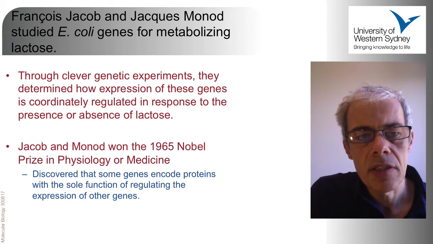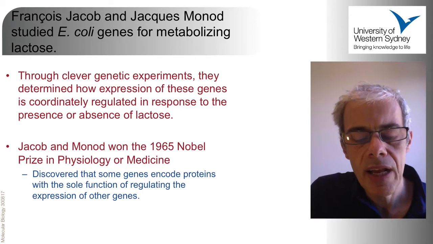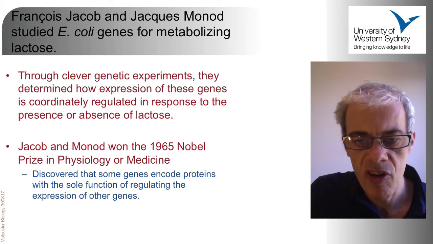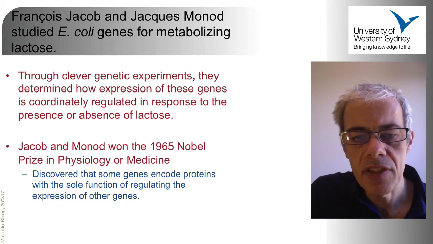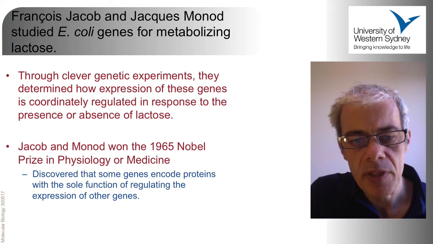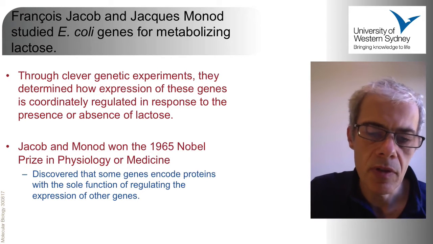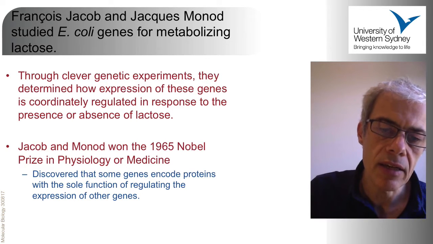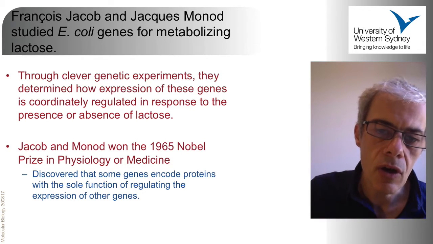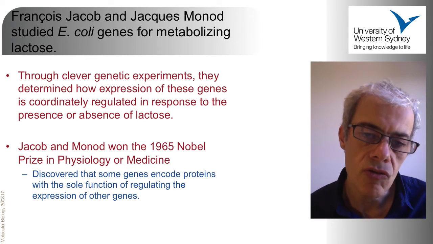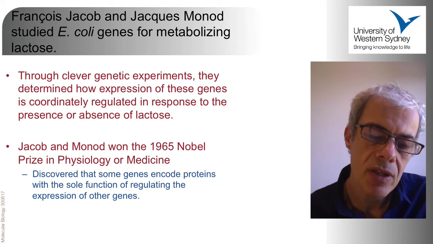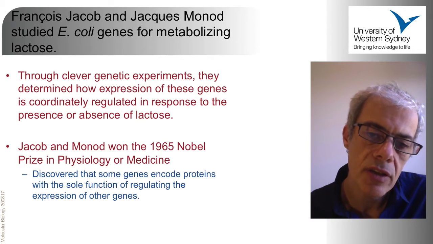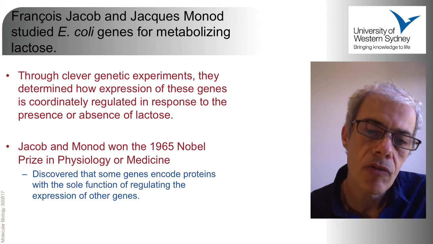These two scientists performed some very clever genetics experiments, and from these experiments they were able to extrapolate to the level of gene regulation, and the conclusions they made about how the lactose genes were regulated still ring true today.